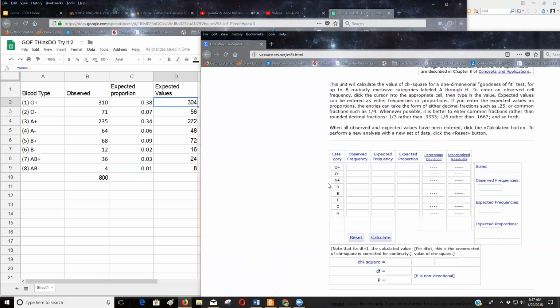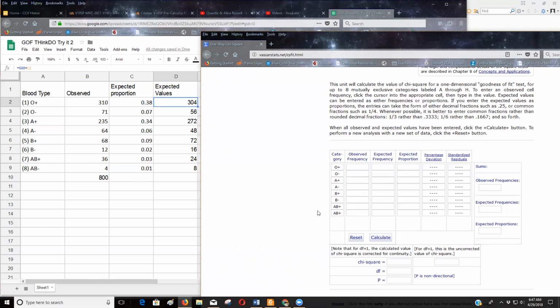A plus, A minus. I don't think I know anybody with type A or type B. I think almost everybody I know is type O positive. Then AB positive and AB negative.